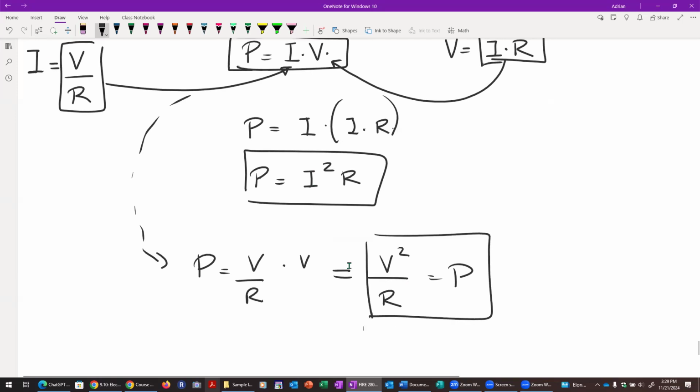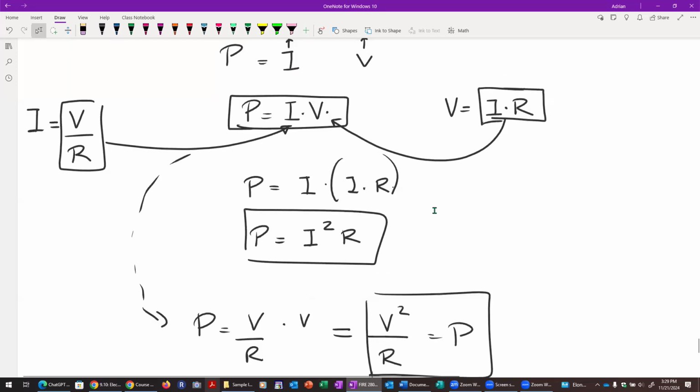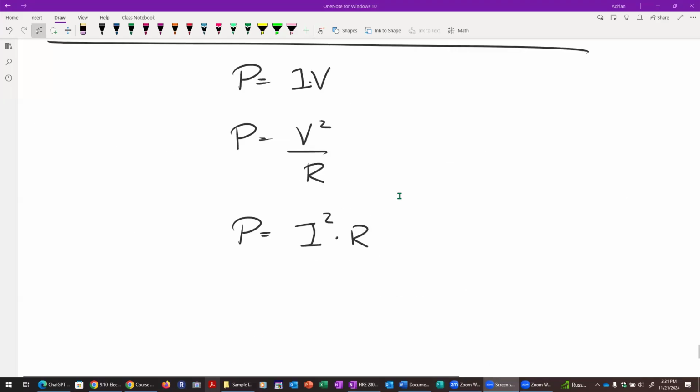So I have two other ways to express power in terms of the other variables. Depending on what it is that I'm given, I can just substitute those in and solve for P, or I can rearrange it and solve for any of the other variables if I wanted to. Again, this is nothing more than just doing a little bit of algebra on the original P equals IV equation. So we have our three equations here.